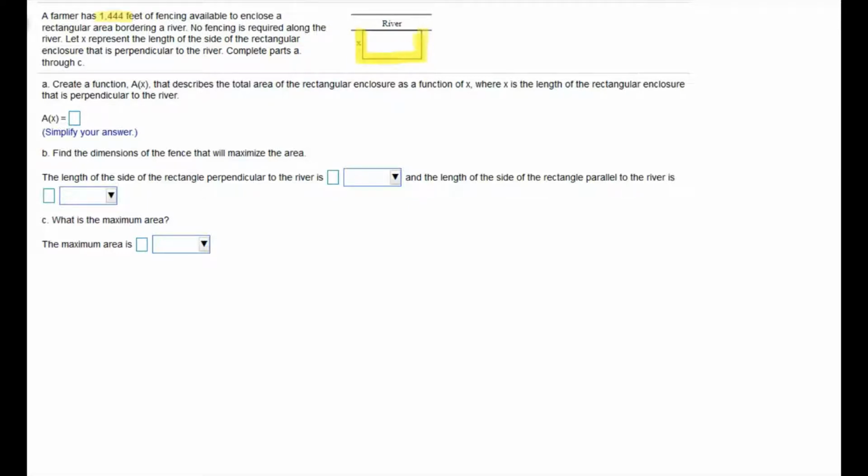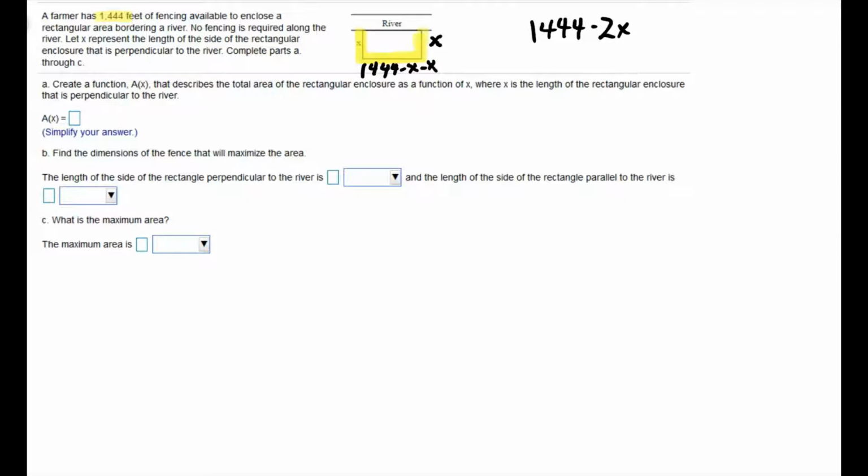Now, because this figure is a rectangle, I'm able to label this side as X, and I'm going to use the remainder of the fencing along this longer side. So we have a total amount of fencing of 1,444, and we're going to take away X for one side and take away X for the other side. And so that side is 1,444 minus 2x.